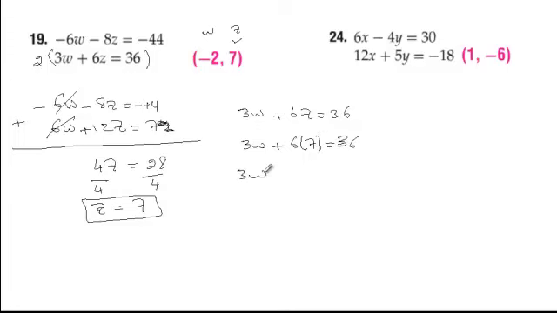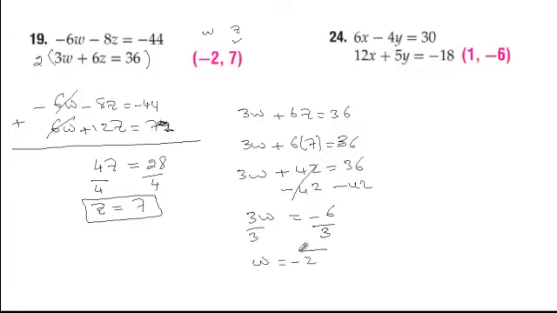Then 3w plus 6 times 7, 42, equal to 36, minus 42 here, so you get 3w equal to, plus and minus cancel, 36 minus 42, you get minus 6, and then divide by 3, you get w equal to minus 2. So as you can see here, w is equal to minus 2, so this would be the answer.